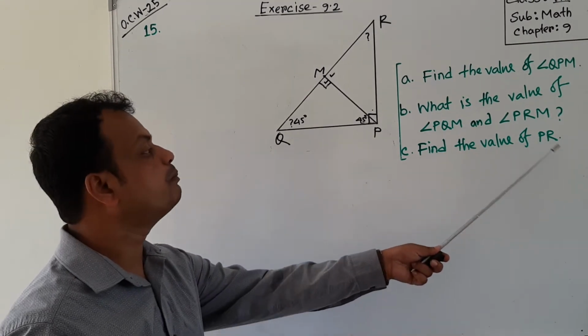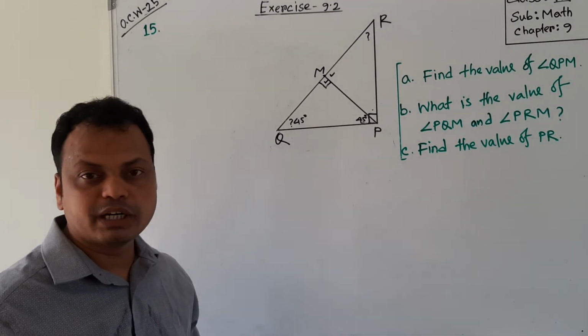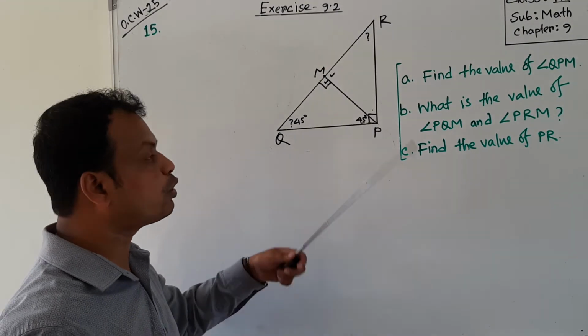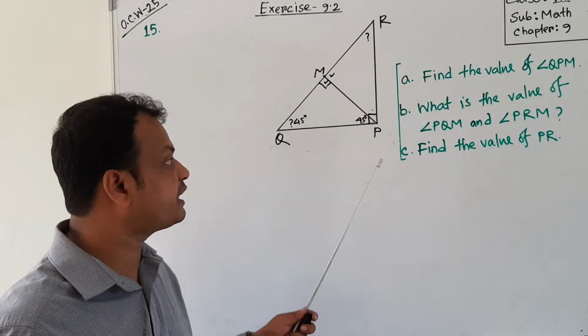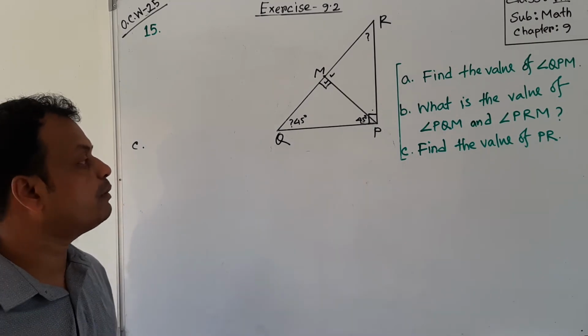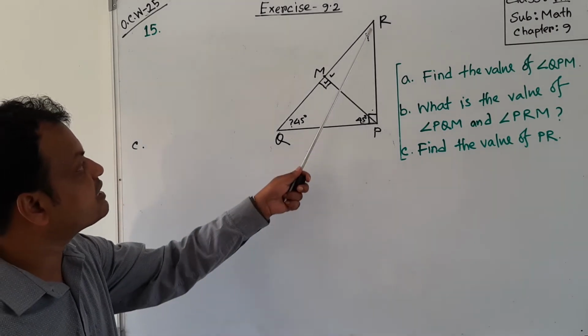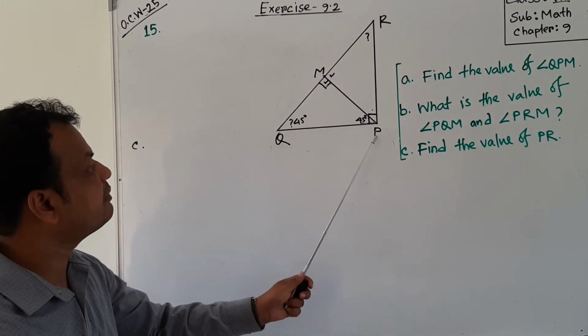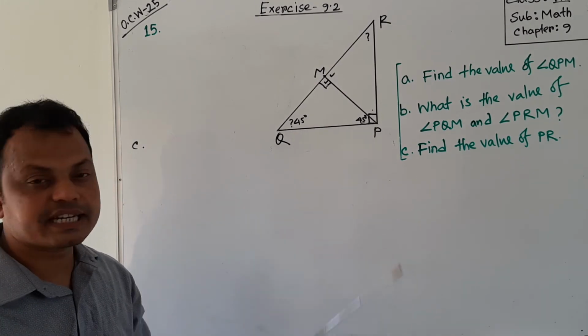Find the value of PR. In C number, as this figure is drawn in A, there is no need to draw the figure again. Look here. Find the value of PR. This is PR, and the given length PQ is 6 cm.